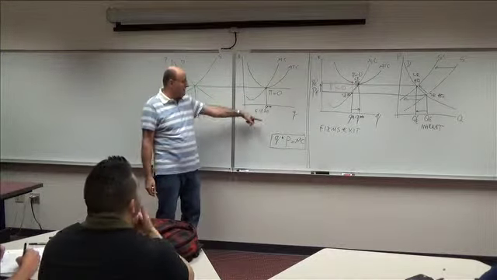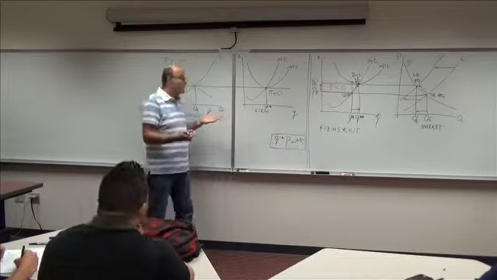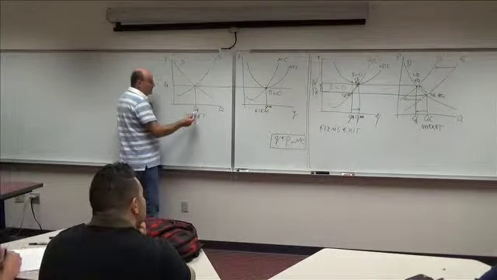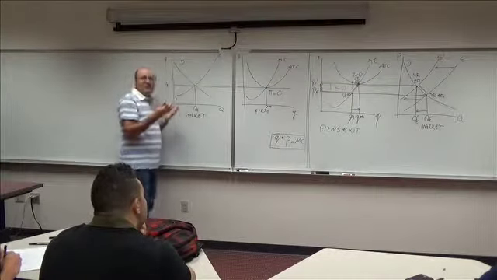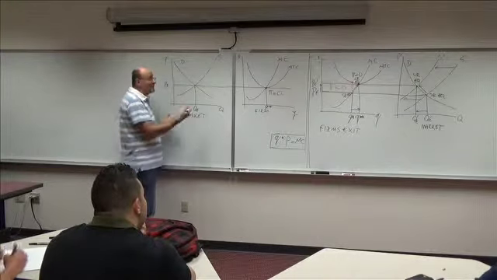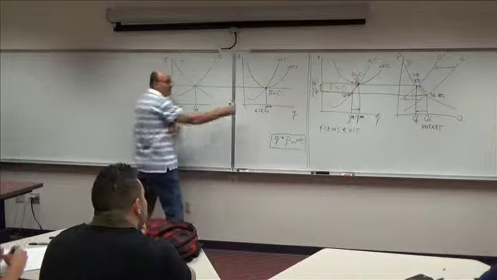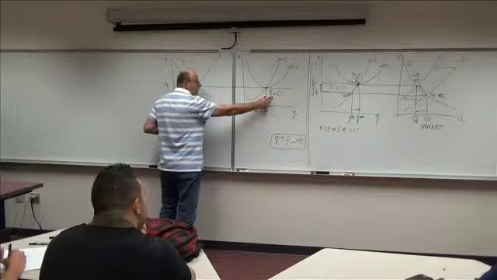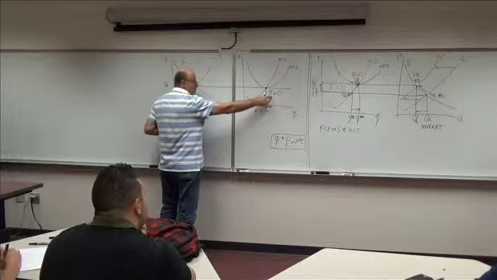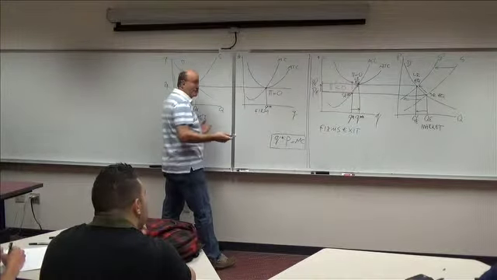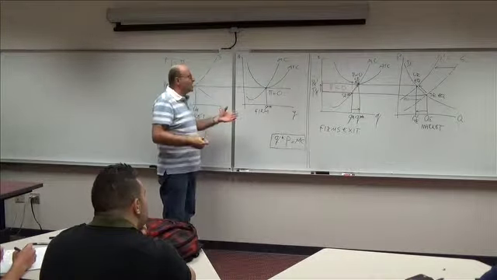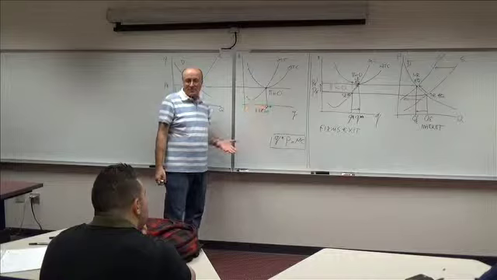Is this firm and industry in equilibrium? Yes. The firm is maximizing the profit. They can't do any better. And the market clears. It produces equilibrium output at equilibrium price. So it's equilibrium. What kind of equilibrium is this? Long run or short run? Long run, because there's zero economic profit. How many firms are motivated to enter this industry?